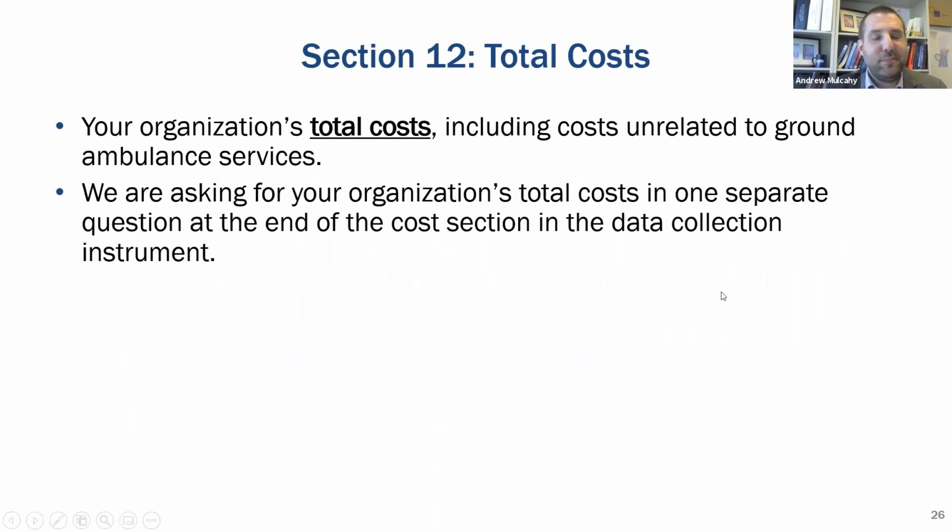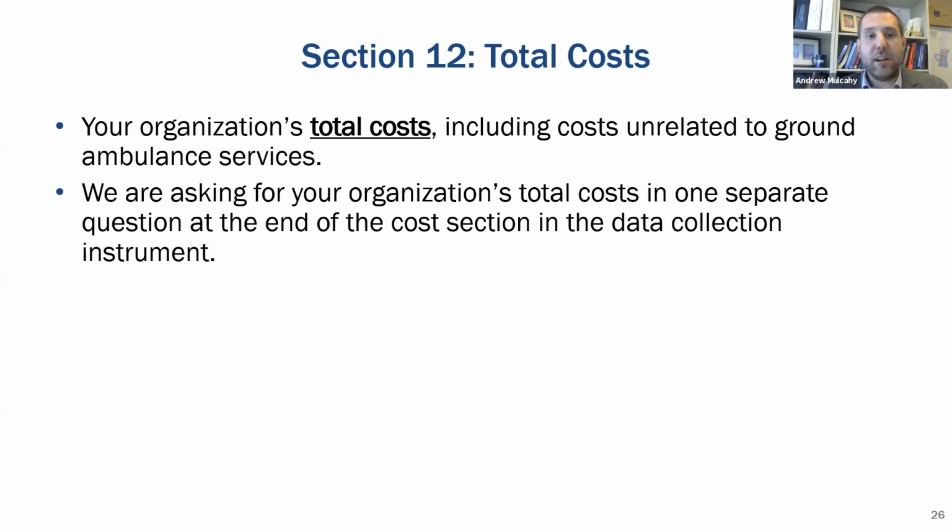Section 12, many people's favorite section because it is just one question. And this just asks for your total costs across your entire organization. This is one of just two places I can think of in the entire instrument where the question asks across your whole organization, not just your ground ambulance operation. So if you're a provider-based organization and you're part of a hospital, this really asks for your hospital's total costs, total expenses broadly.